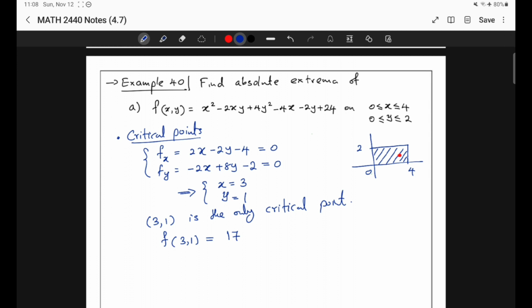So we found the critical point and the value at that critical point.